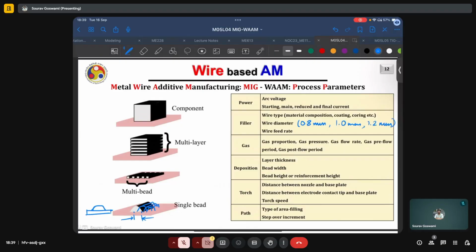These are the typical welding wires which are available. And then the wire feed rate, as you also saw in MIG, the wire feed rate is inherently linked to the current also. These two go together.